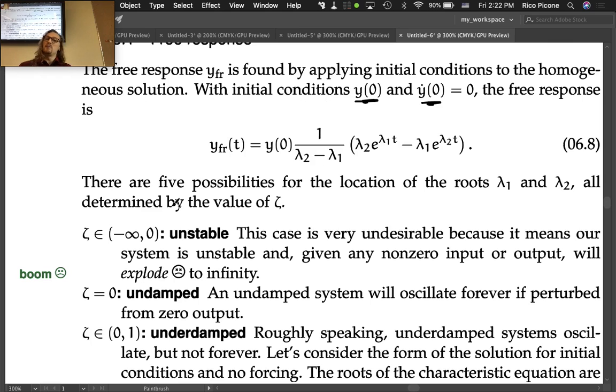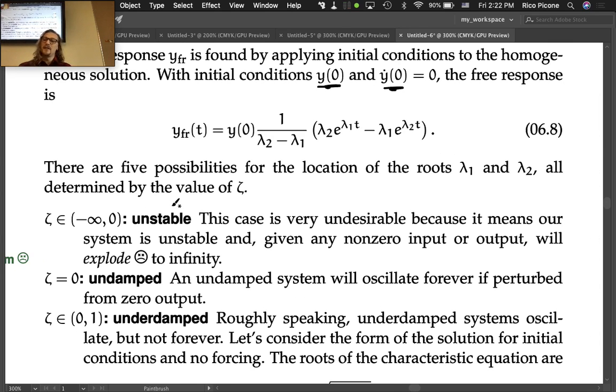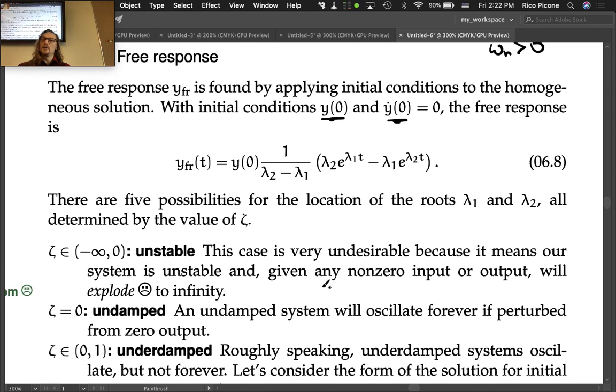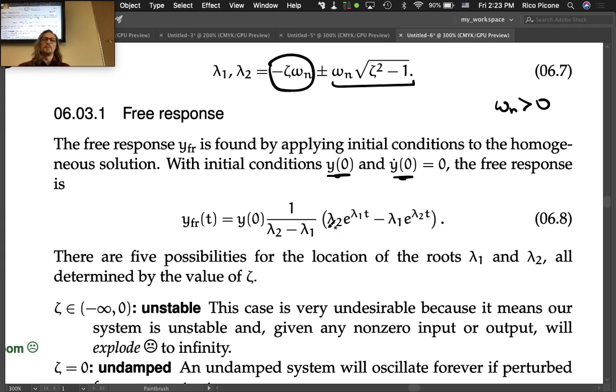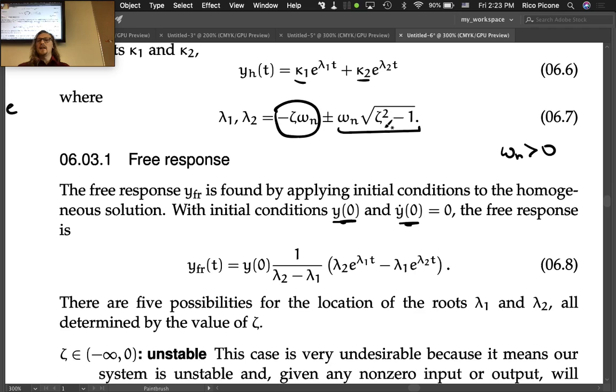But a pretty good friend to bring to a party would be an undamped friend. They're exhausting, but they're pretty good. So what happens is it's gonna oscillate forever, if you perturb the system from the equilibrium point. So the lambdas, when zeta is equal to 0, this term goes away. This is just 0 minus 1, which is -1.